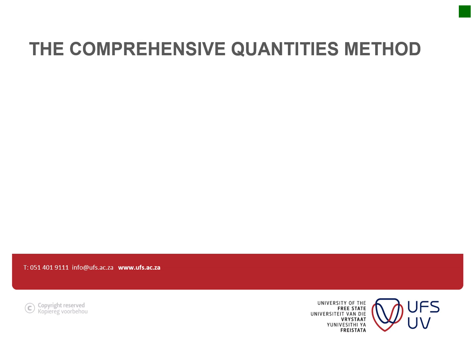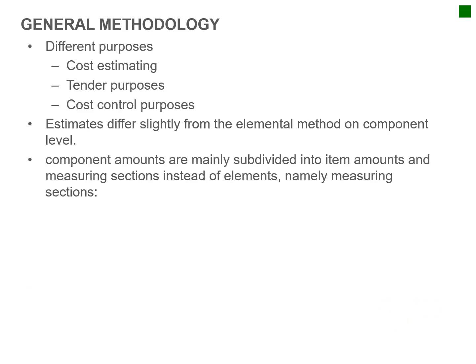Now, the comprehensive quantities is almost like your bills of quantities, but the quantity surveyor basically uses bills of quantities, but then he groups it according to his understanding of what information he's got available, and puts a basic bill together with items, but makes allowances for the items that he doesn't have.